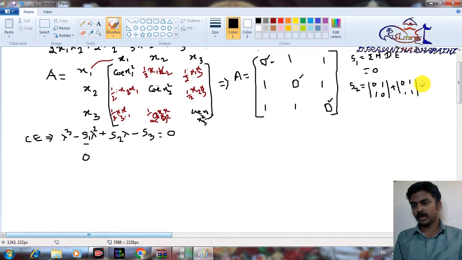For the third element we will have 0, 1, 1, 0. So that is equal to 0 minus 1 is minus 1, then 0 minus 1 is minus 1, here also 0 minus 1 is minus 1, that is S2 equal to minus 3.